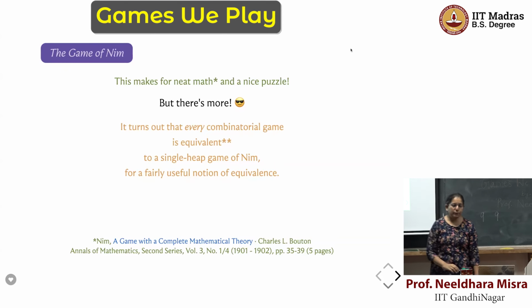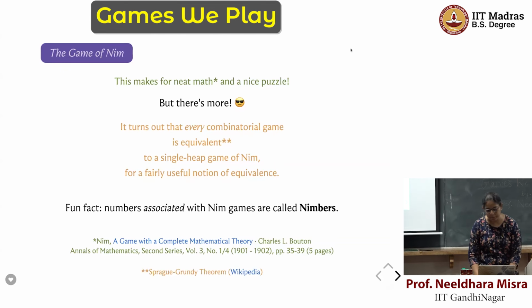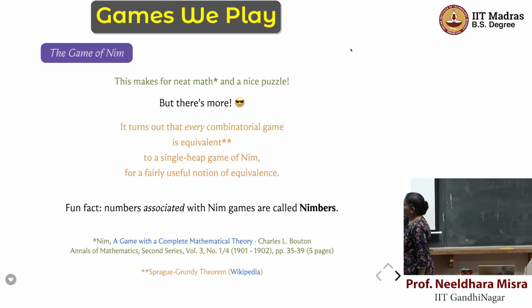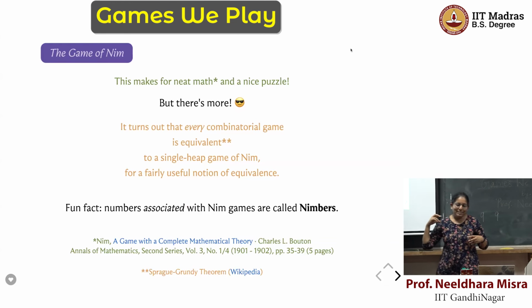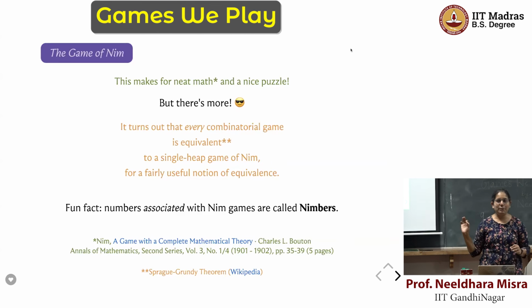There have been follow-up papers by Sprague and Grundy, which is this fascinating theorem which says that no matter what game you define, it's basically equivalent to a game of NIM as long as it's turn-based, 2-player, deterministic, perfect information, and impartial.